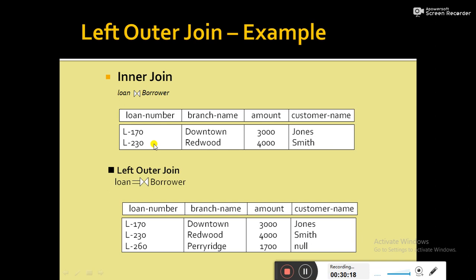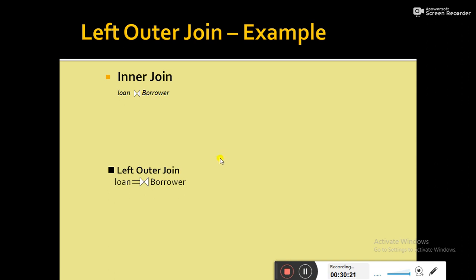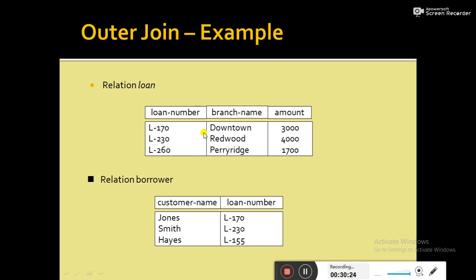It will select the records from loan and borrower relations for which the values of the common attribute are the same. The common attribute here is loan number. So L170 along with Jones 170, that particular record will be selected. So Jones L170 downtown 3000 will be selected.